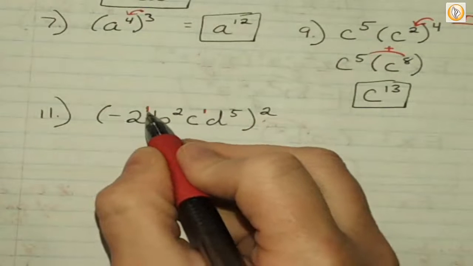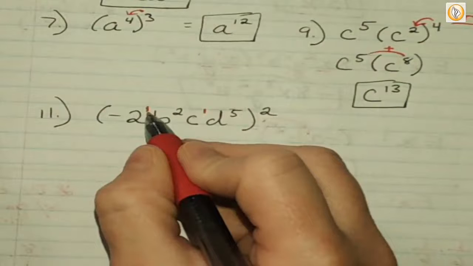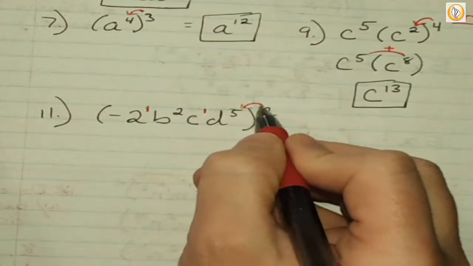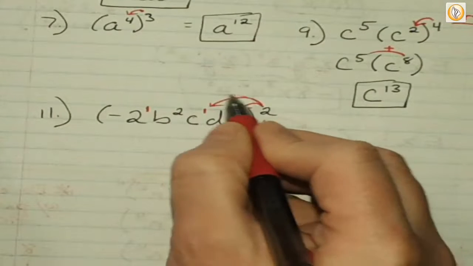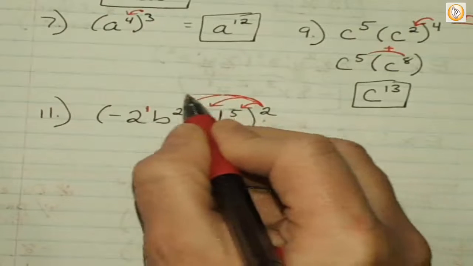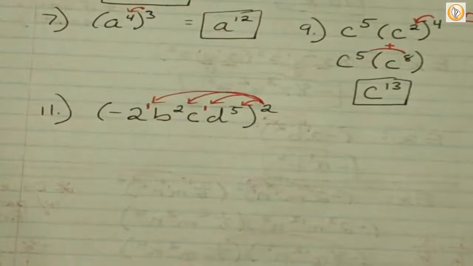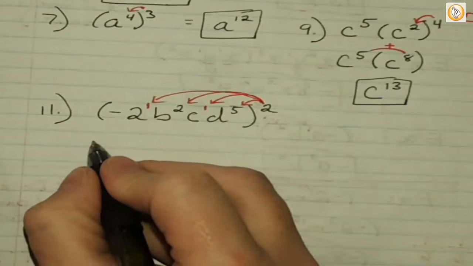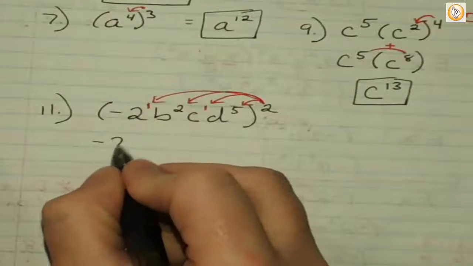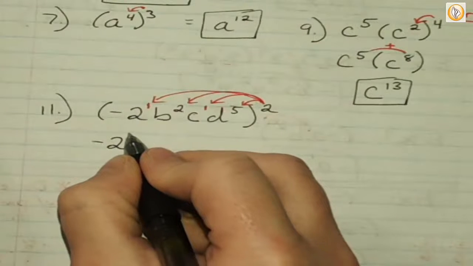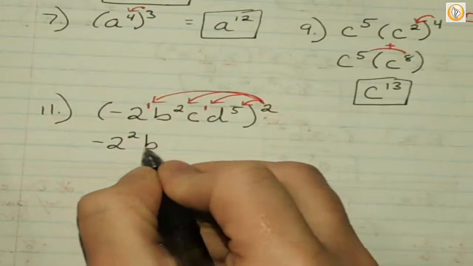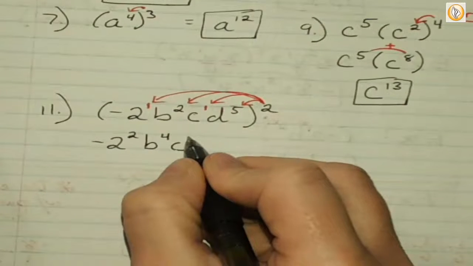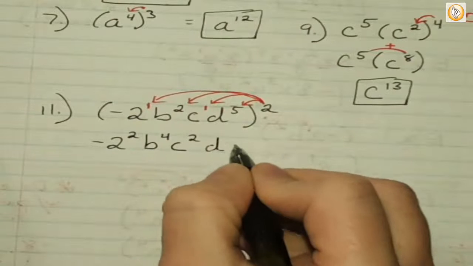If it helps to put a 1 there, then do it. So he's right. We're going to multiply that 2 by everything, all the exponents inside the parentheses. So then we get, and you tell me, Michael, negative 2 to the what power? Second. And then b to the 4th, c squared, and then d.